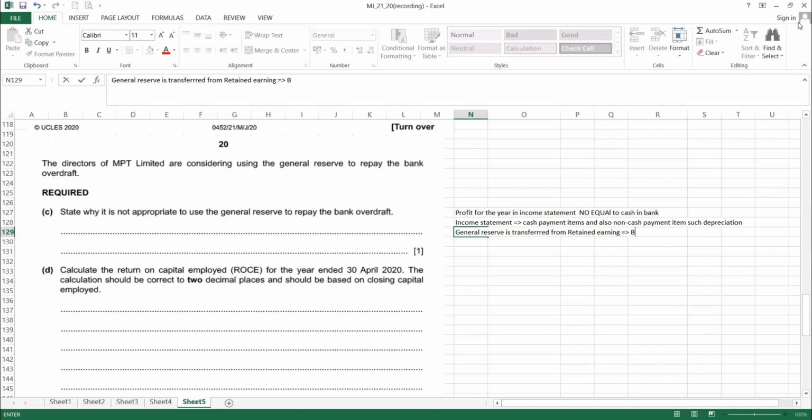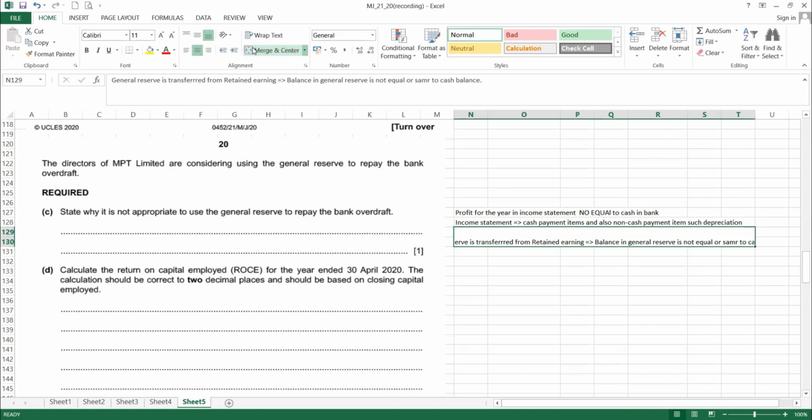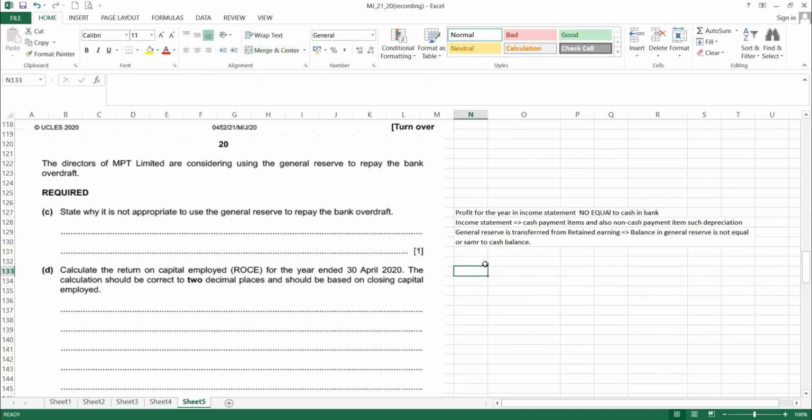The balance in general reserve is not equal or the same as the cash balance. So that is the reason it's not suitable to use it to pay the bank overdraft, because it may not be the actual money that you have.